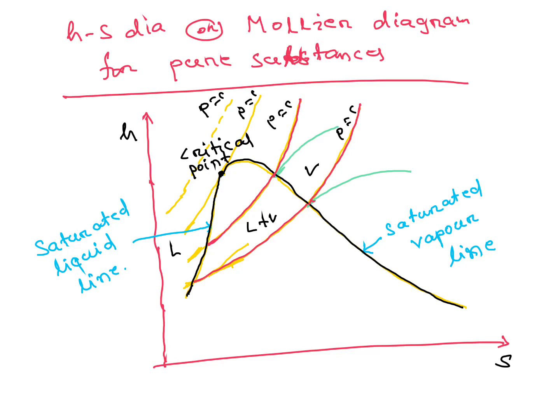It has a negative slope after the saturated vapor line. This is also important. Here in the liquid and vapor region both are identical.